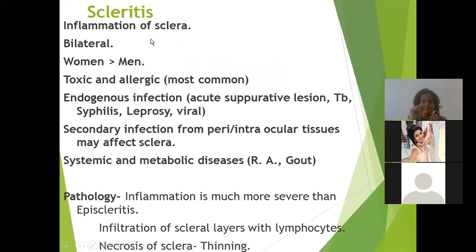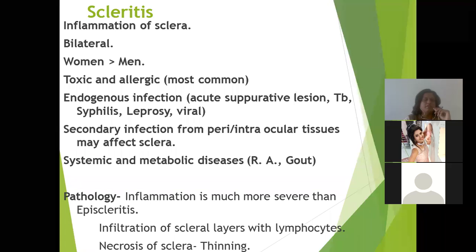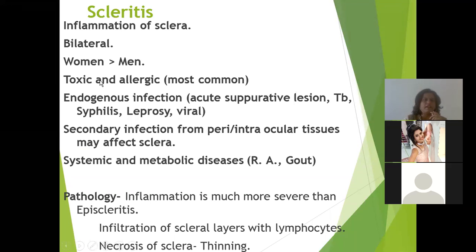Next is scleritis. Scleritis is the inflammation of the sclera, bilaterally seen, more in women than men. Toxic and allergic conditions are most common. Endogenous infection, that is acute suppurative lesion, tuberculosis, syphilis, leprosy, viral. Secondary infection from peri-intraocular tissues may affect the sclera.